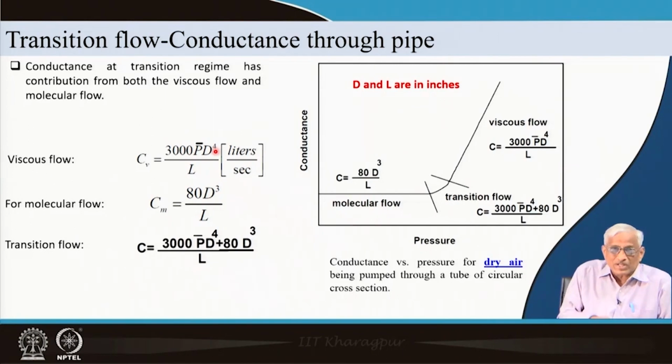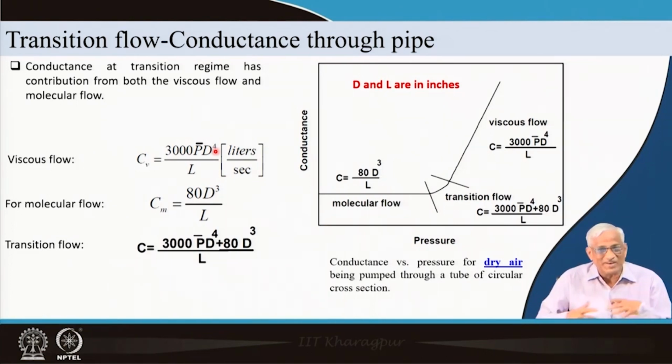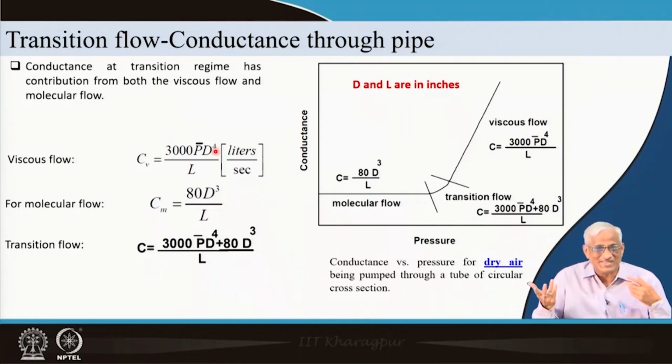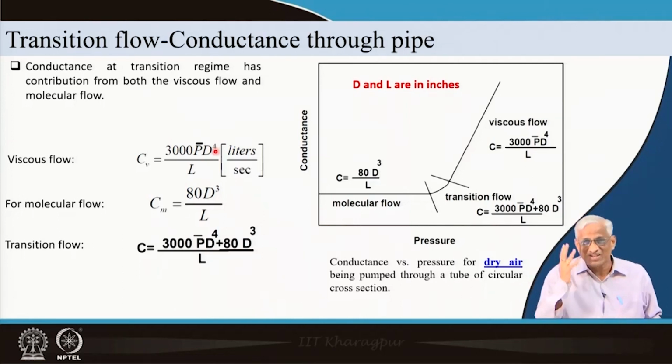So that is 3000 times P d to the power of 4 by L in liters per second. You can convert into meter cube per hour also, depending on the unit that a particular company likes. Different companies like different units for historical or sentimental reasons. You cannot find fault with them, because they will not simply like other units. They will have trust in a certain unit.